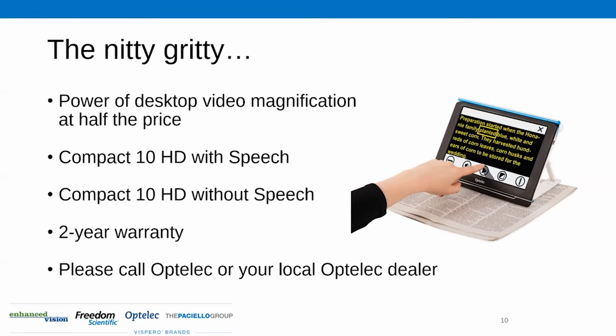You can get this with speech, which is with the OCR and allows you to scan and have it read, or you can do it without, which is just a magnification device with all the good stuff that we'll show you in a little bit, minus that scanning and reading. It comes with a 2-year warranty. If you are interested in finding out pricing, or you want to get your hands on one of these to try it out, give us a call at Optelec, or call your local Optelec dealer, and they can take care of you.